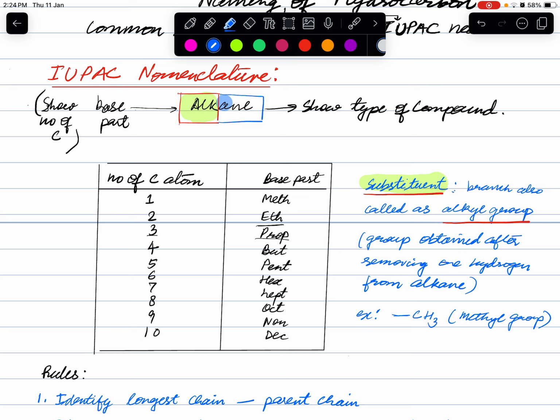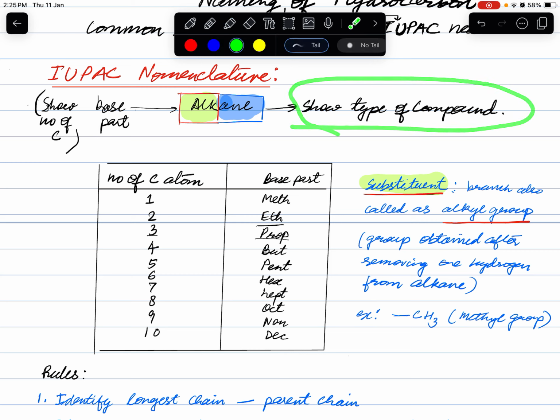Like for example, in our case, we are doing saturated hydrocarbon, that is alkane. So the second part of the name will be representing the nature of the compound or the type of compound. In our case, it is saturated hydrocarbon, which is alkane.